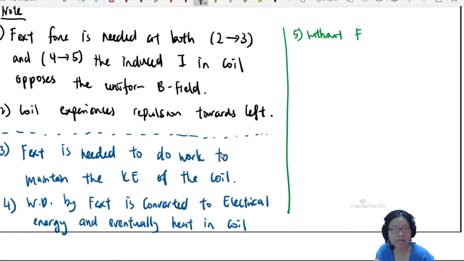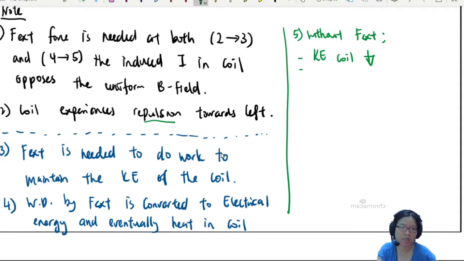Without the external force, the kinetic energy of the coil decreases for two reasons, because of the repulsion and also because the kinetic energy is converted to electrical energy.